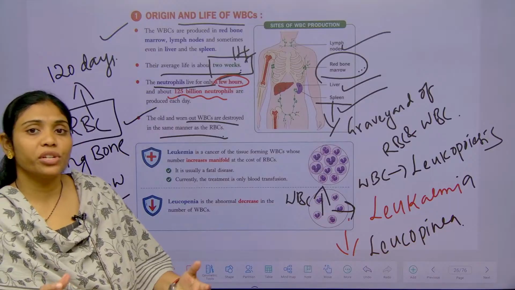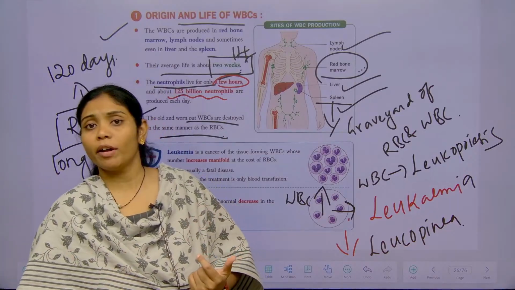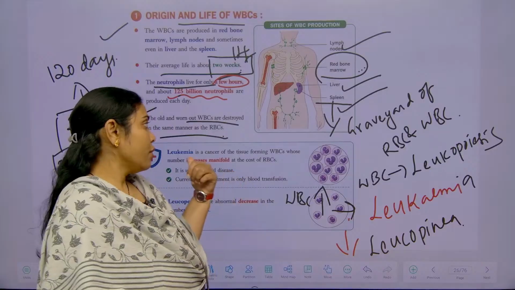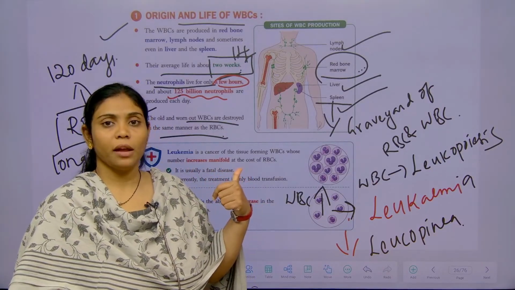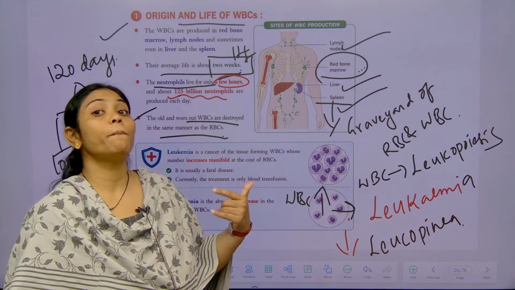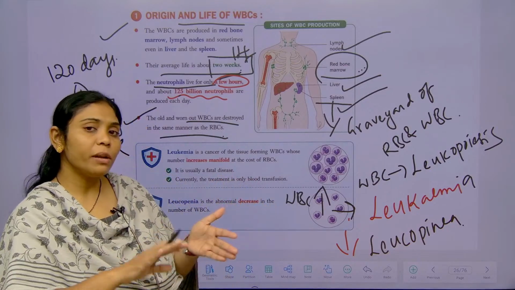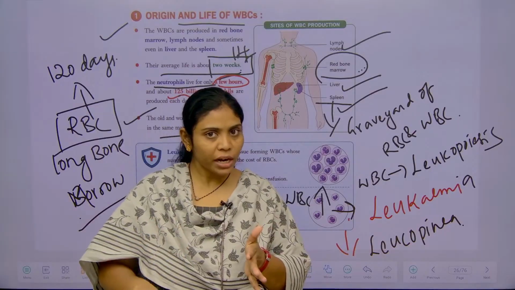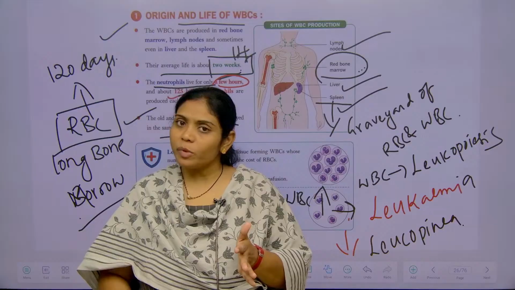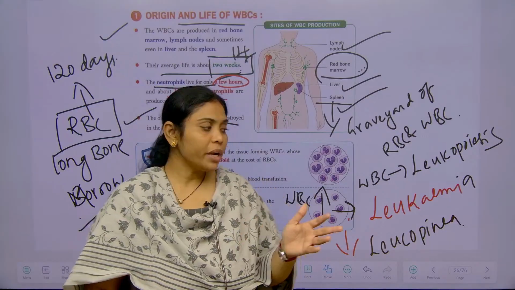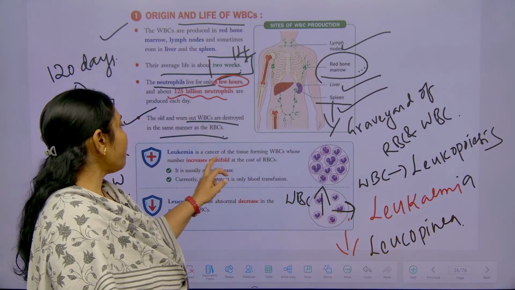You may ask one doubt, as we have discussed: whenever infections or allergies occur in our body, immediately the number of neutrophils or eosinophils will increase. But that is not an abnormal situation, and the number will be reduced when the allergic condition reduces. Immediately the WBC count is also reduced. But here, as I have mentioned, it is abnormal growth.